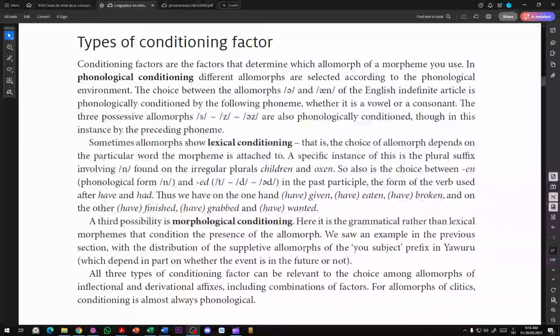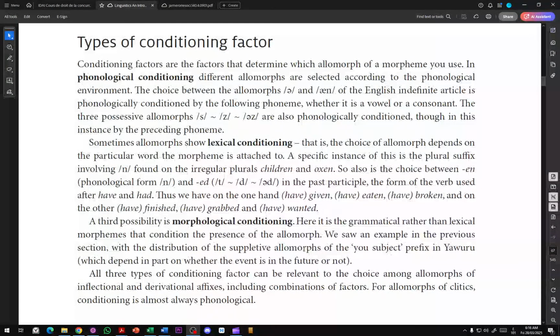Sometimes allomorphs show lexical conditioning. That is, the choice of allomorph depends on the particular word the morpheme is attached to. A specific instance of this is the plural suffix involving n, found on the irregular plurals of children and oxen.